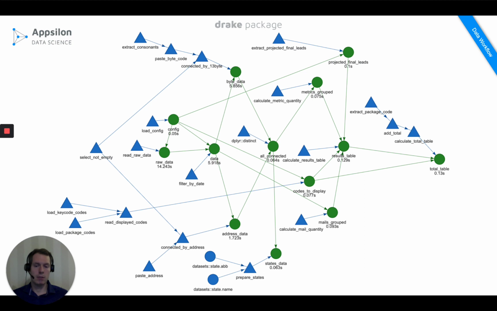Also, this is great for finding bottlenecks. So here, for example, loading raw data into the application is kind of long in comparison to other parts. So if we would like to speed up the process, we know which parts to optimize.